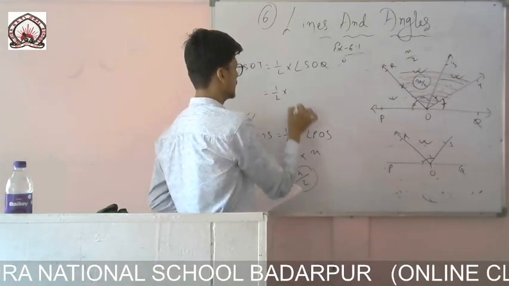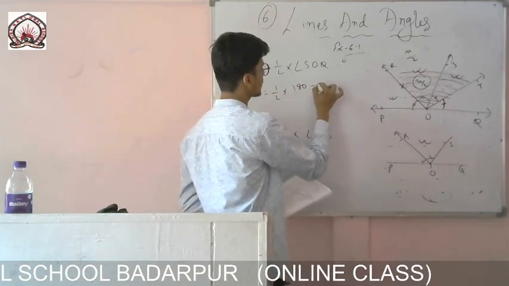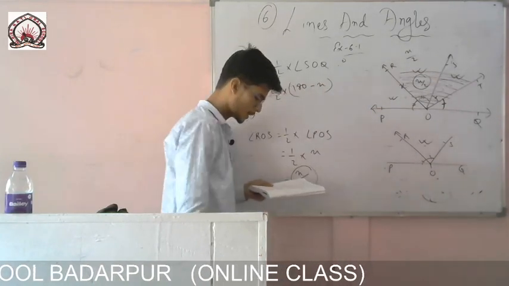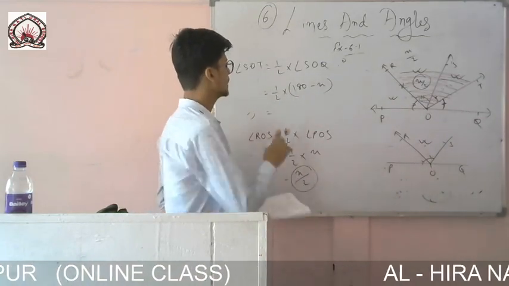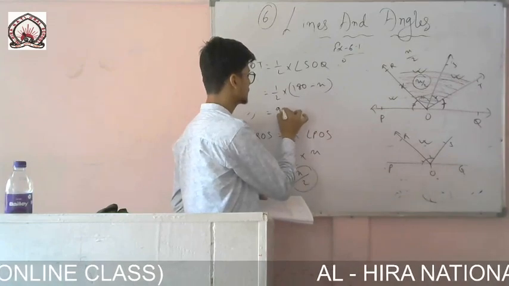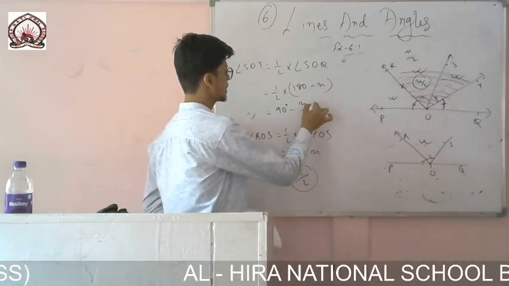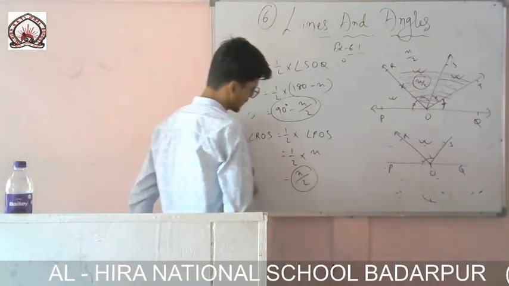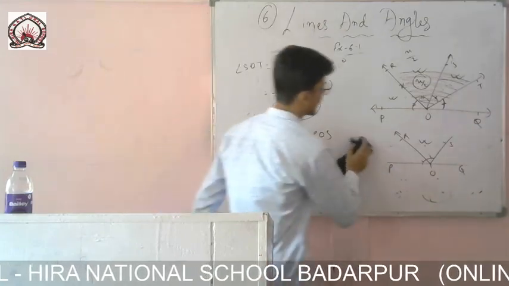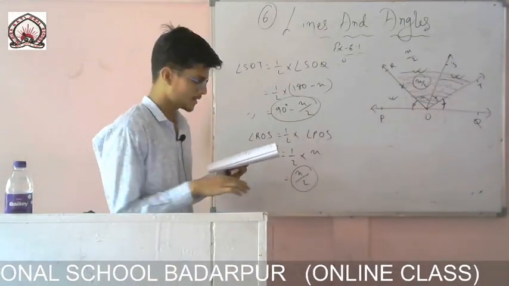So half, and SOQ, what we got earlier, SOQ is equal to 180 minus x. You see, in the first part we have solved this one, 180 minus x. That means half into 180 means 90, and half into x means x by 2. So this is the value of SOT, and this is the value of ROS. Now the question was to find ROT.